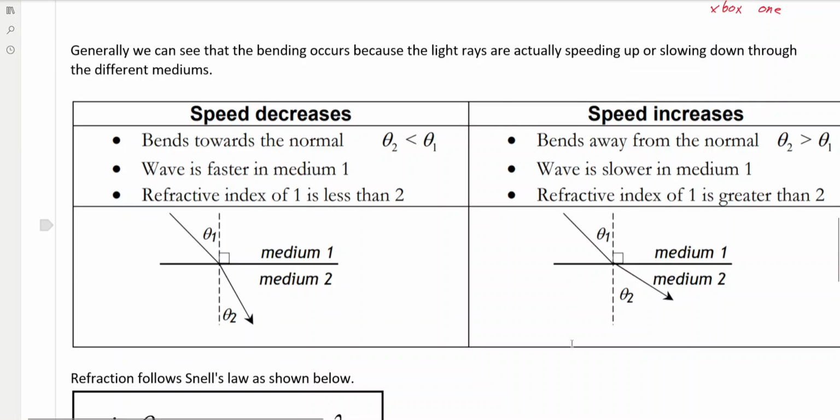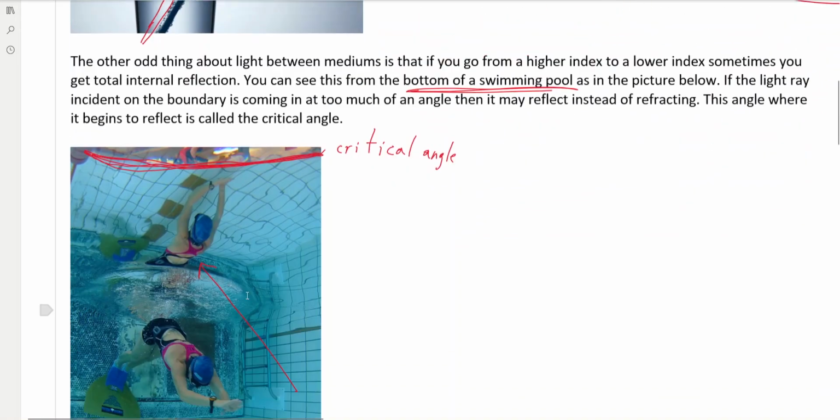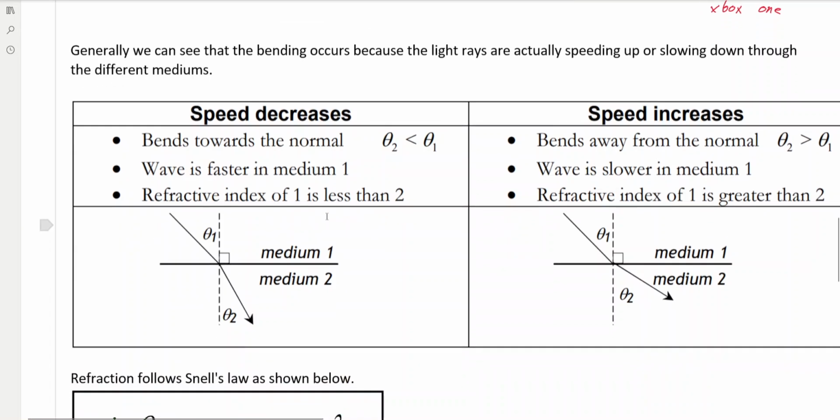Total internal reflection, index of refraction, going from, it always has to be from a higher index to a lower index if you're doing that. So generally speaking, let's just talk about some generic rules. Speed, if the speed of light decreases when you're going from one medium to the next, then it must be bending towards the normal.